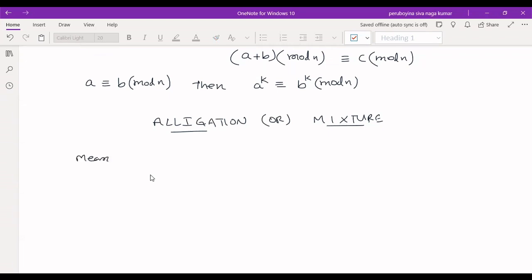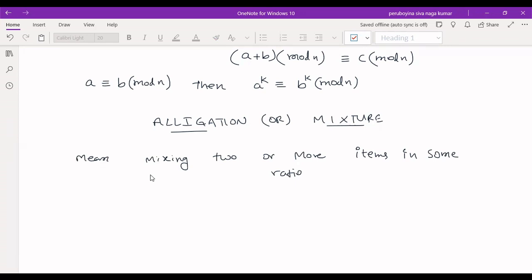Alligation means mixing two or more items in some ratio. That is the meaning of alligation.